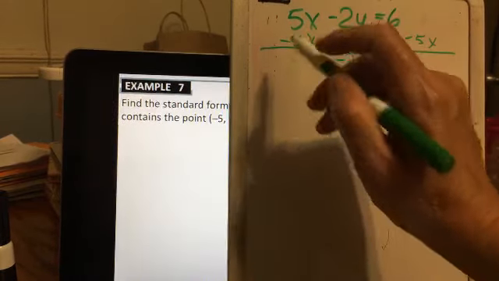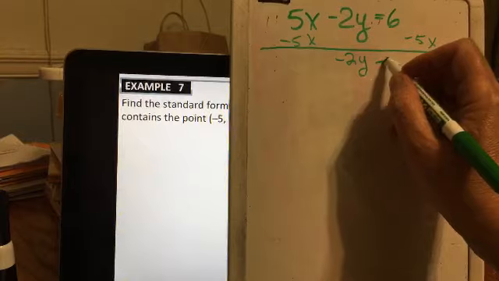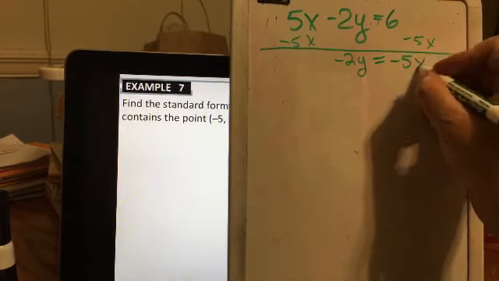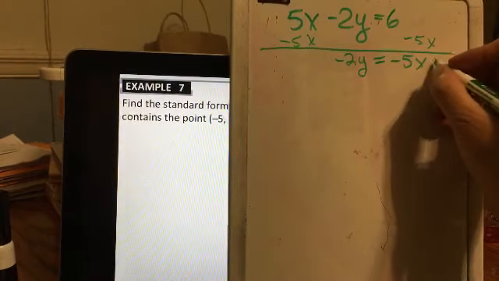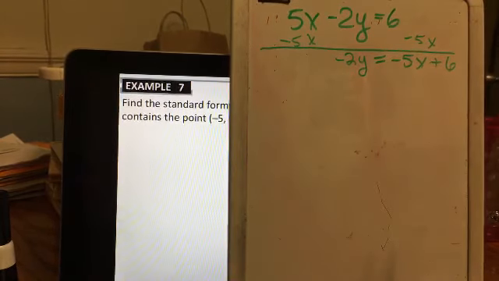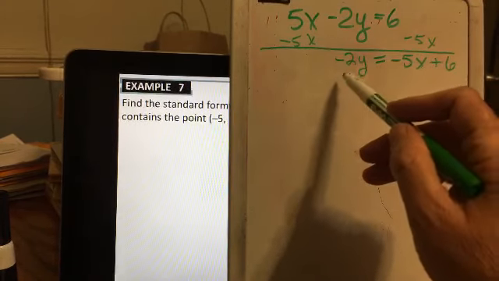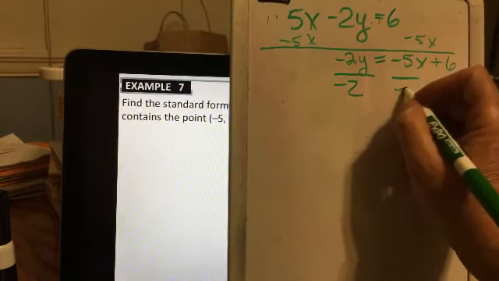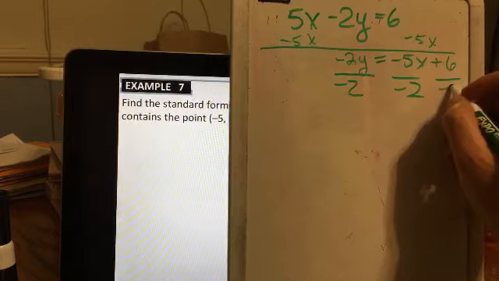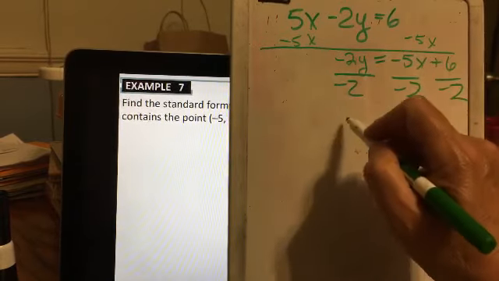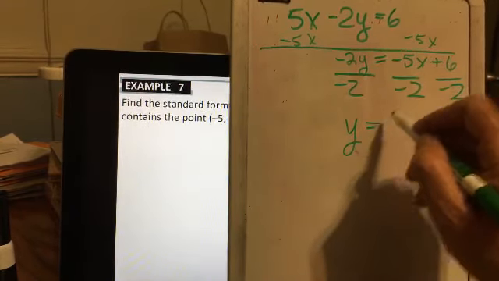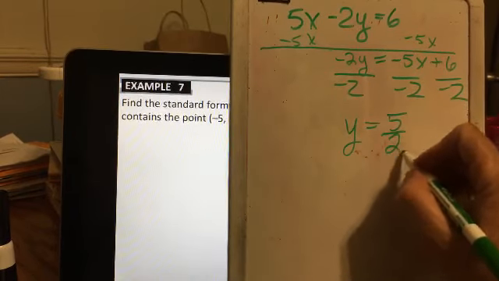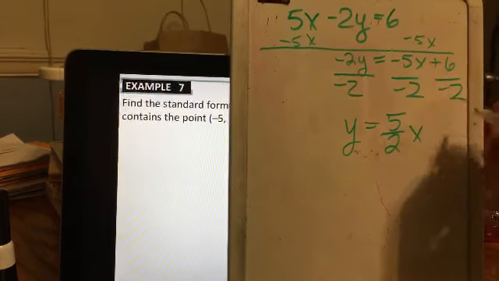So here's my little line. I get a 0 here, minus 2y equals; I want my x to be first, so we'll put that first: negative 5x plus 6. Now I don't want a negative 2y, I just want a y, so I'm going to divide by negative 2 on every term. And I wind up with y equals, negative divided by negative is a positive, 5/2 x minus 3.